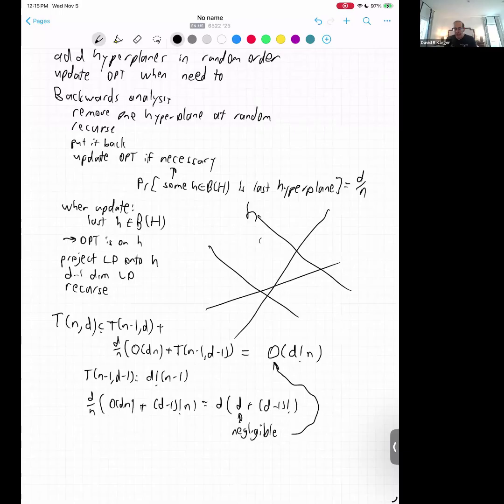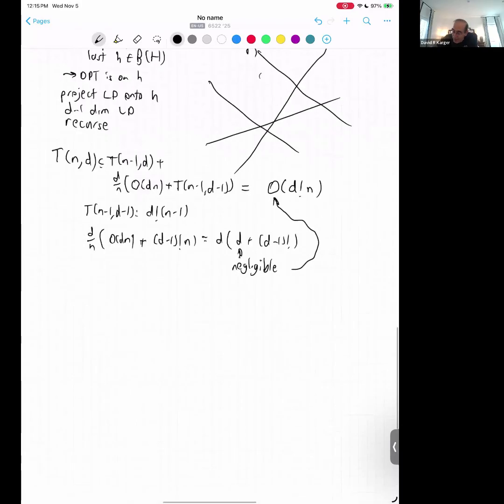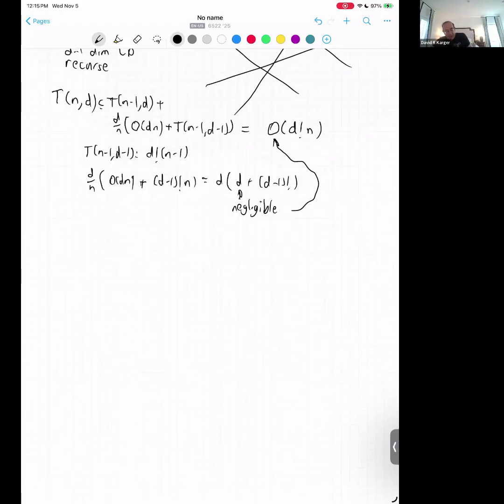It's got a d factorial multiplying the n, whereas iterated sampling only had a d squared multiplying the n, and it had a separate exponential in d term. So that one was only additively exponential in d. This one, the exponential term multiplies n, so it's arguably a little worse for larger d, but it is so simple and so beautiful.